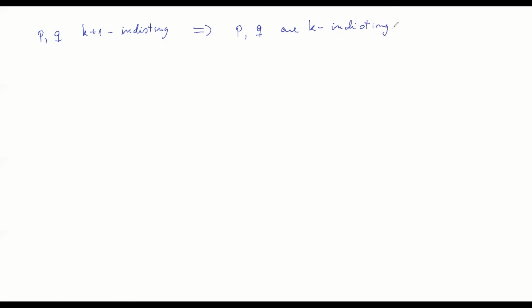And also, by the previous result I proved, you have this implication that delta of PA and delta of QA are K indistinguishable for all A in sigma.